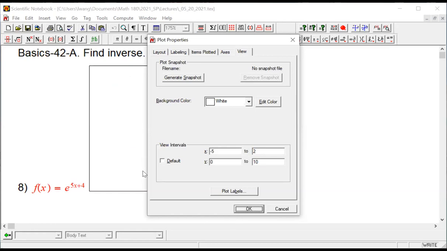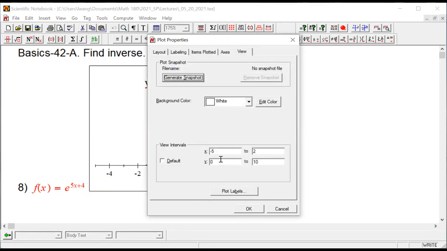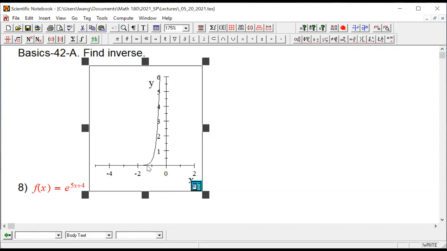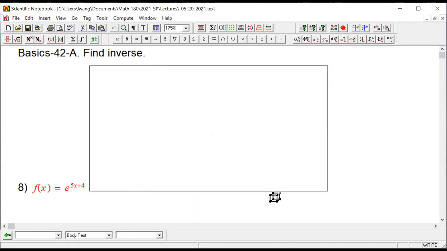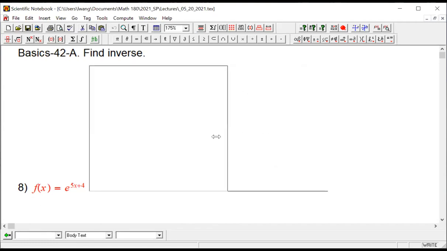It passes both the vertical line test and the horizontal line test, so it is a one-to-one function. This curve looks very strange, but it's okay. It will never touch the x-axis, it just gets infinitely close. But this picture shows us it's a one-to-one function. So we have decided on that.